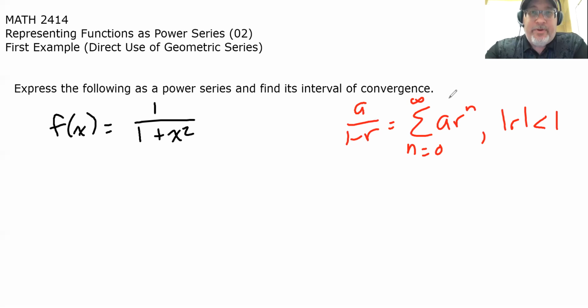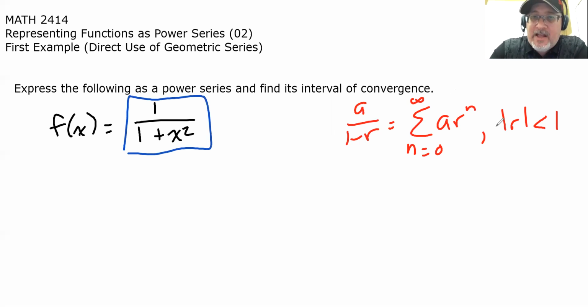Well, if we're going to build series out of functions, then we need to be able to make a correlation between the function that we have and this sum over here, which we can revert back into its series by looking for similarities between the two and reconciling the differences.